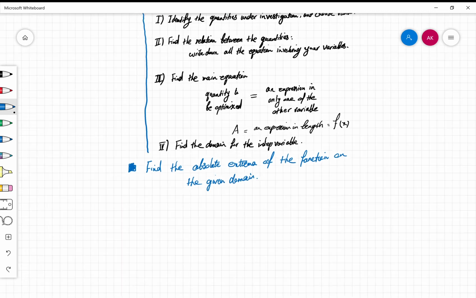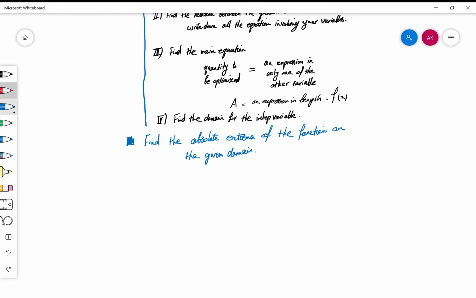For example, if the domain is closed, remember you need to find the value of the function at the endpoints and critical points and see which one is the biggest and which one is the lowest. If the interval is not closed, you have to find the critical points and where it is increasing or decreasing, and then check the general form of the function and conclude what the absolute max or absolute min of the function would be.